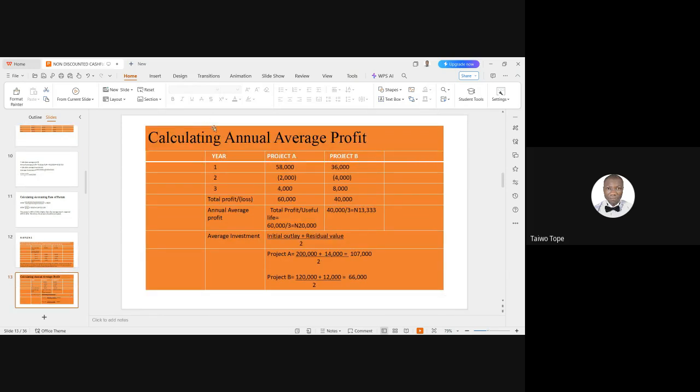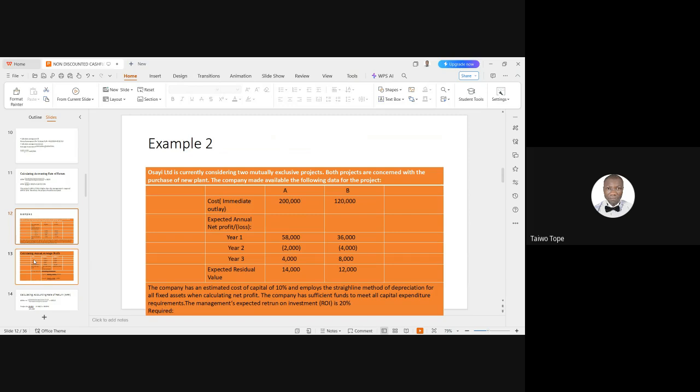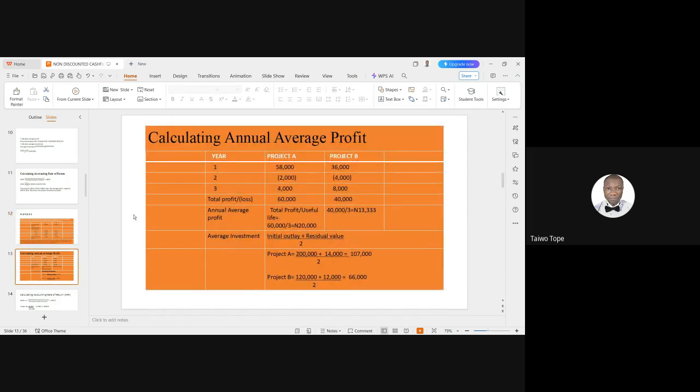Now, with this, what are we going to do? We need to calculate our annual average profit for each of the projects. Now, we have year 1 to 3, the summation of the profit for the various years: 58,000 for year 1, for year 2 a loss of 2,000, and for year 3 a profit of 4,000. In sum, the total profit will be 60,000.